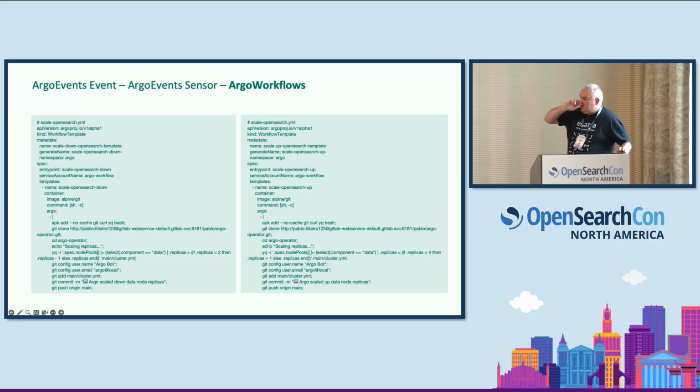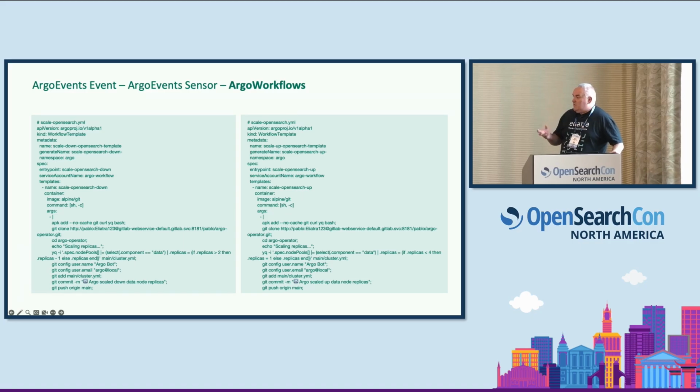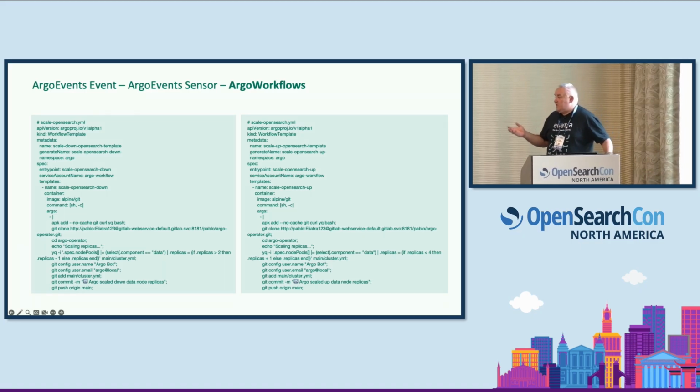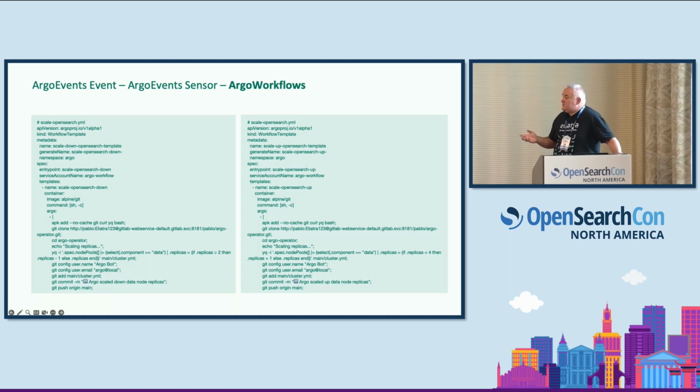As you can see, it is not so complicated in here. What I decided to do is pull the Git repository, find the document, change the value of the replicas for the data node, and just commit that and send it back. This operation is actually quite fast because there's not much data.